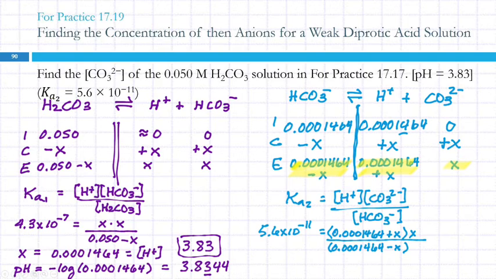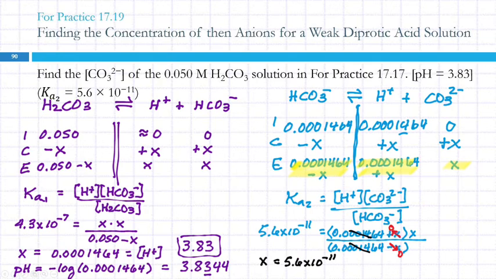Well, this looks more like X is small might work, because this is a very small equilibrium constant. So X is small says, well, this X is essentially 0, and this X is essentially 0. And then the ugly number cancels out, x equals 5.6 times 10 to the minus 11.